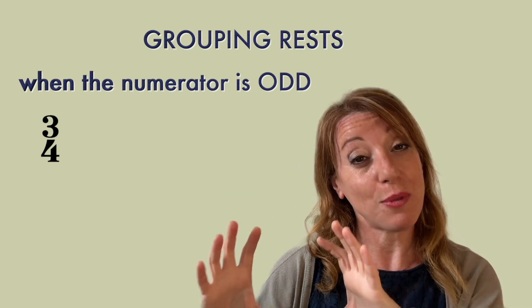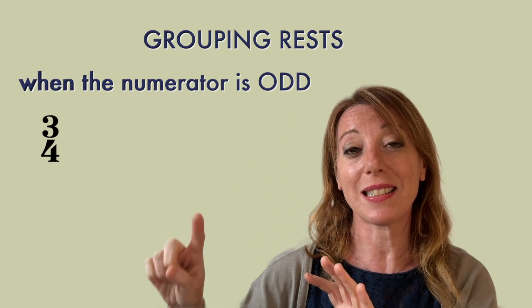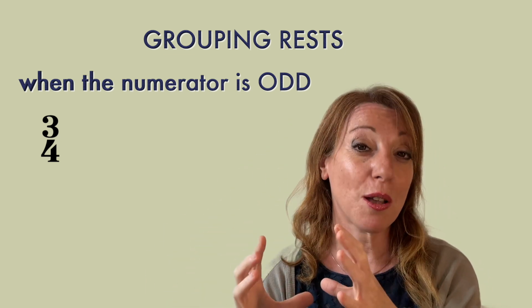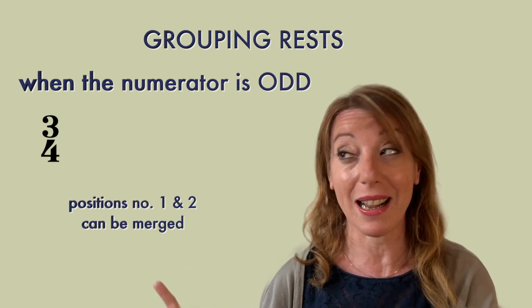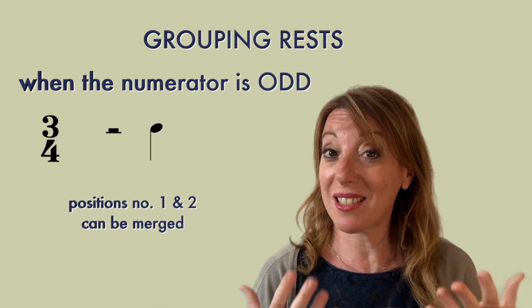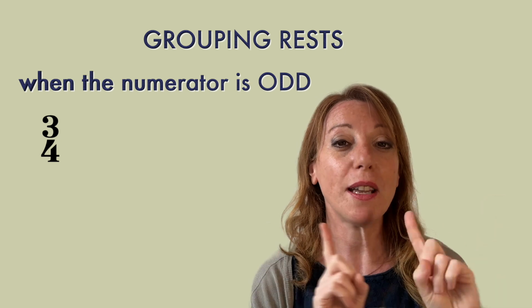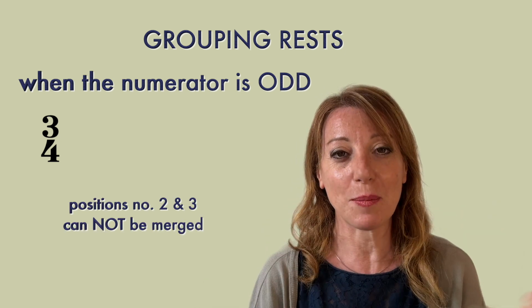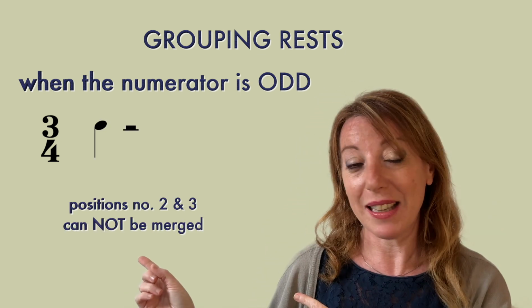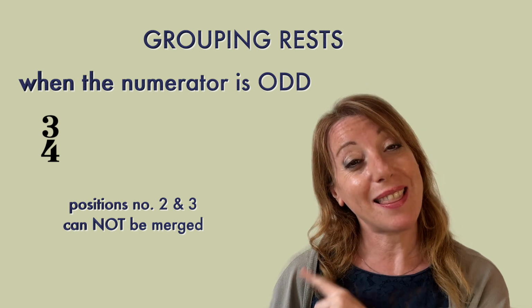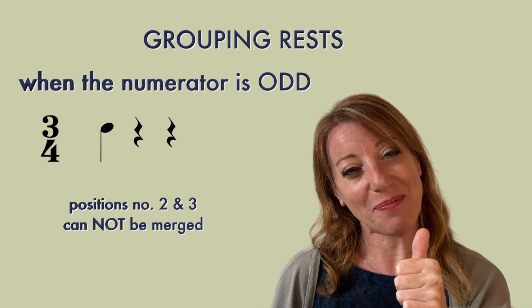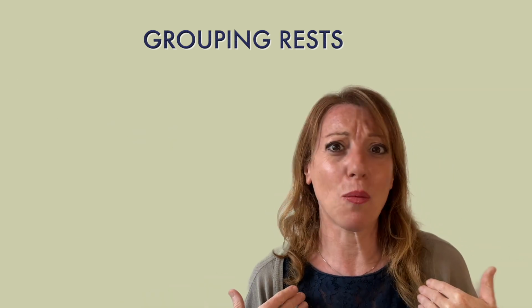When we have a rest occupying the first and second space, we can merge them together, and so we have a longer rest like this. When we have silence occupying the second and third place, we cannot merge them, so we have to keep them separately. So this bar is incorrect, but this bar is correct. I know, sorry, it's not my fault.